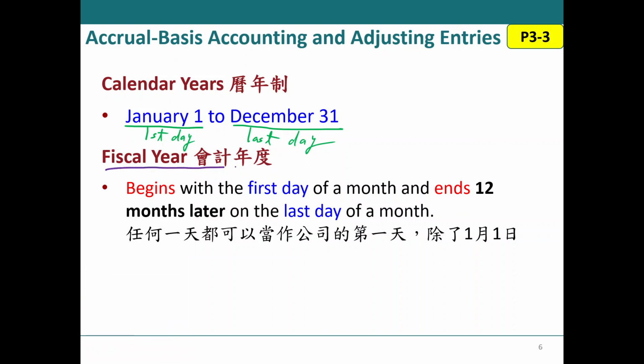So that's fiscal year. So there's a key difference. Calendar year, January 1st. Fiscal year, any day except January 1st.